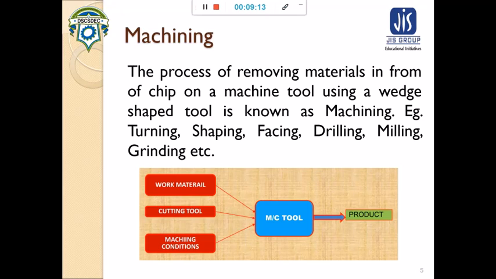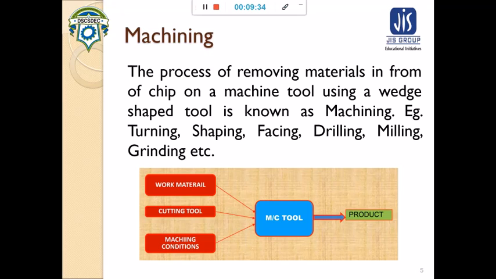For machining, there are various topics that we should know about. Examples of machining are turning, shaping, facing, drilling, milling, and grinding.